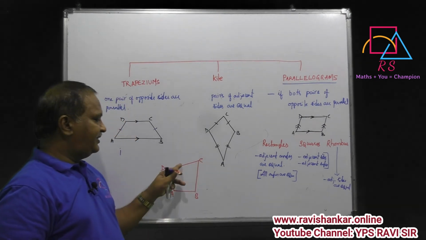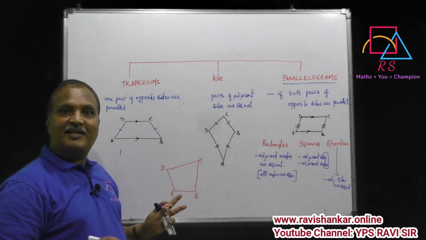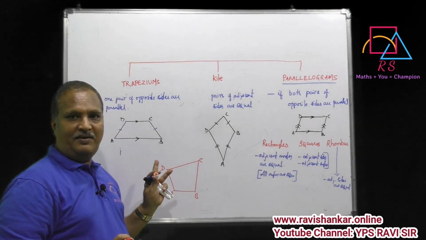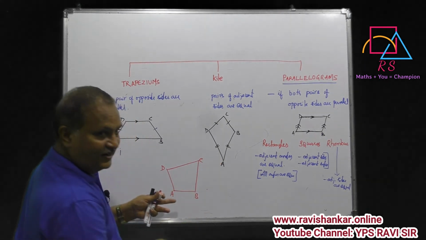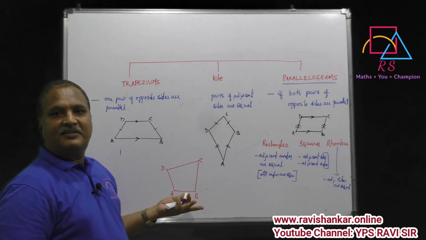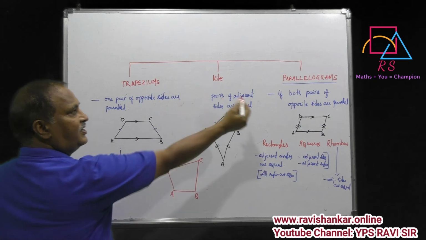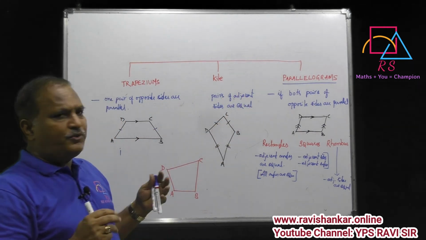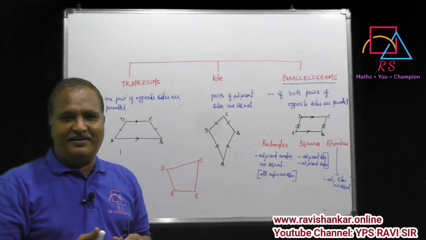Opposite sides AB and CD are not parallel. BC and AD are also not parallel. That means both pairs of opposite sides are not parallel, so it is not a parallelogram. Adjacent sides look equal, but they are not, because nothing is shown on them. So this is a quadrilateral which is not a kite, not a trapezium, and not a parallelogram. If you draw each type in two figures in your own style, you will have so much fun.